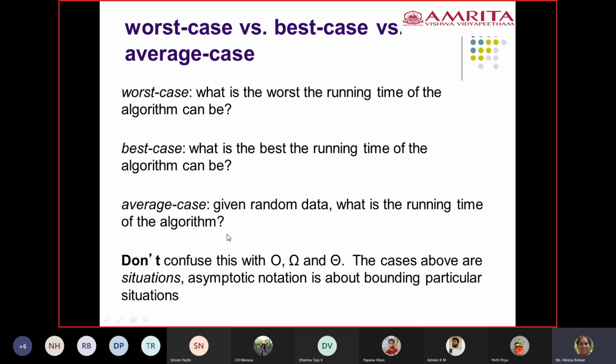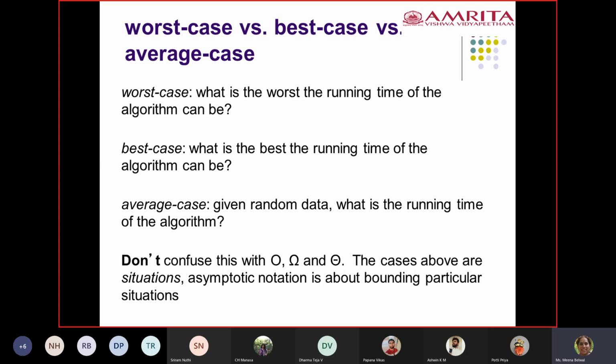Average case doesn't mean that I will give all kinds of inputs and then take an average of it. Generally, average gives an indication like that, right? If the maximum limit of n is 10,000, then I should give all the inputs, calculate the time, and then take an average of it.